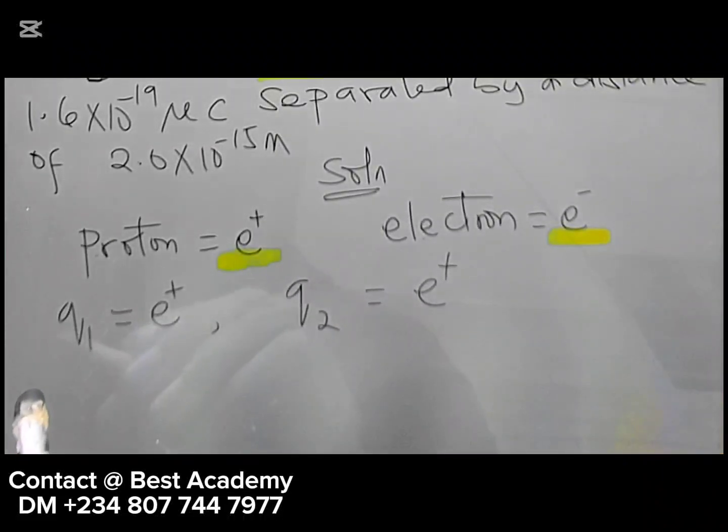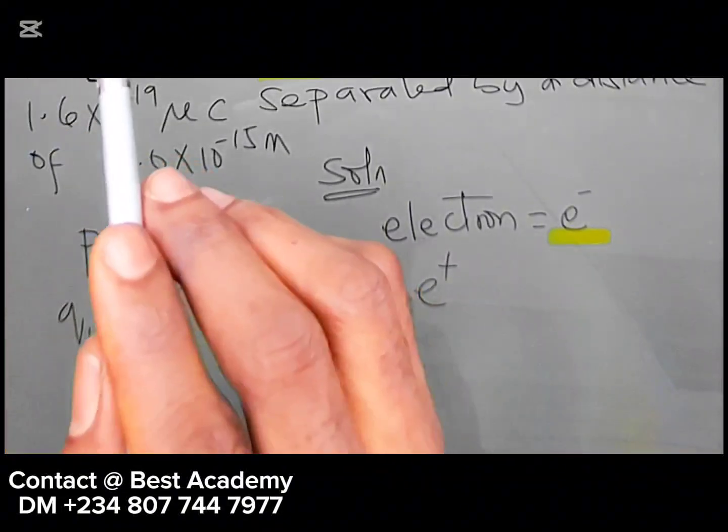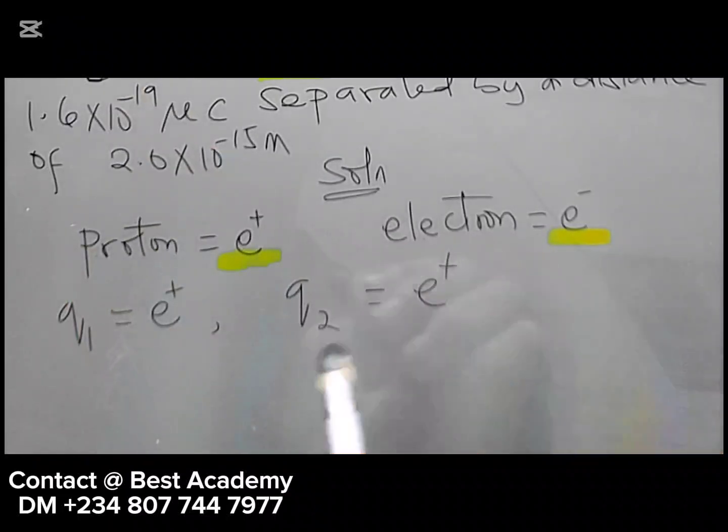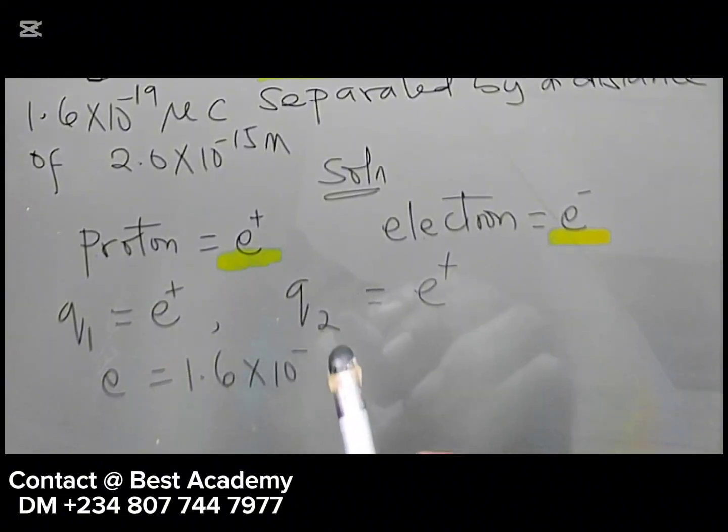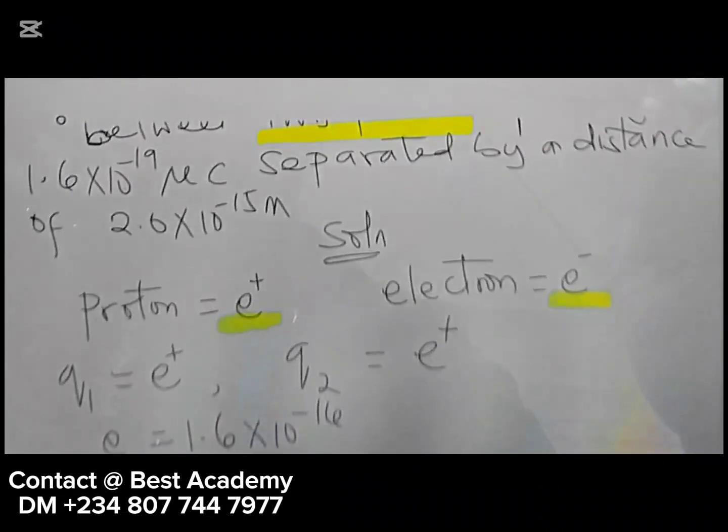The constant value of E is said to be 1.6 times 10 to the power of minus 16.